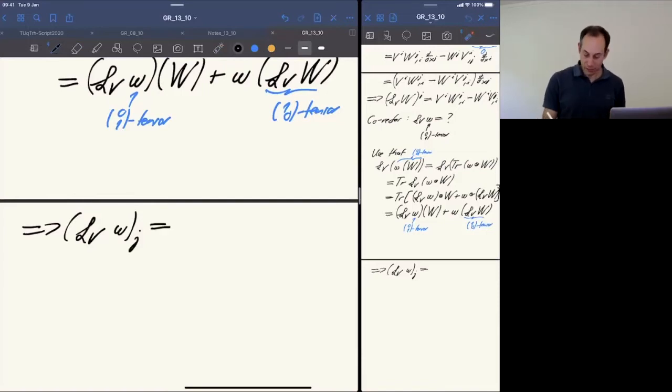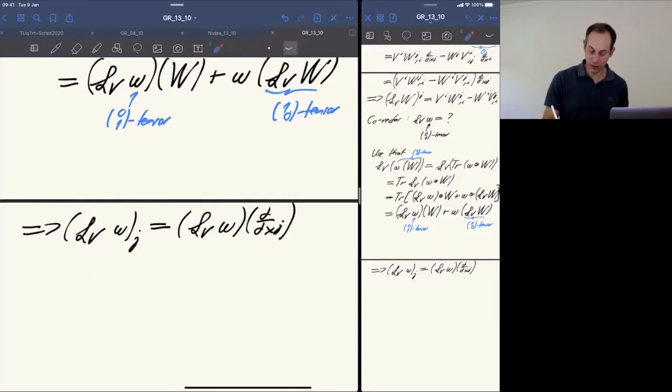Now, what does this j downstairs mean? How do I generally get the j component of a covector? I get it by just applying the covector to one of the basis vectors. That's what we learned. That's essentially what it means to take this component. Just feed this into the covector.